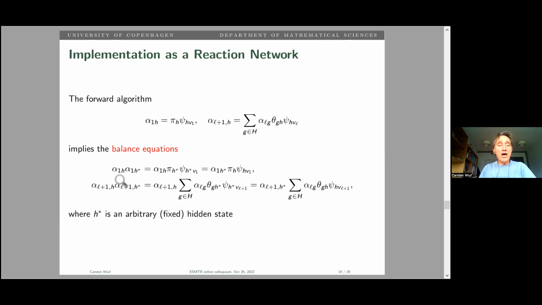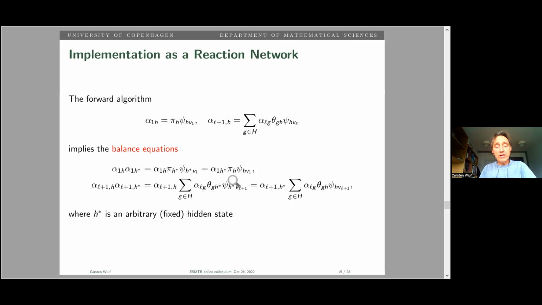So if you multiply alpha 1 h with alpha 1 h star, where h and h star are two hidden states, and use the definition of the alpha parameters, then you see that this equation holds. And similarly for alpha L plus 1, you get a similar balance equation that holds here.